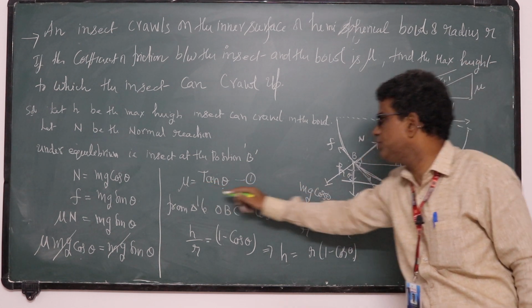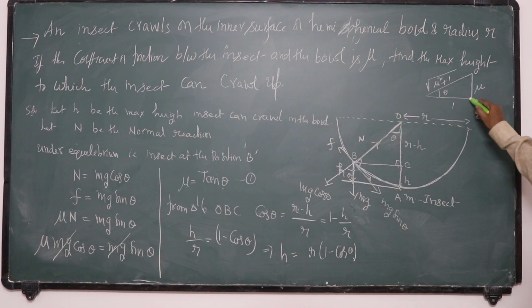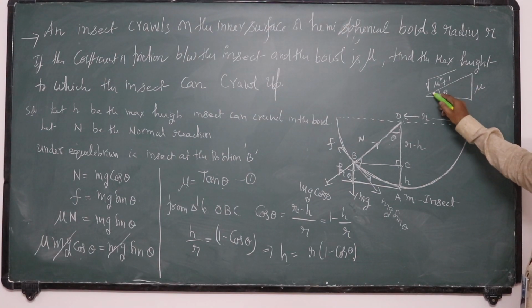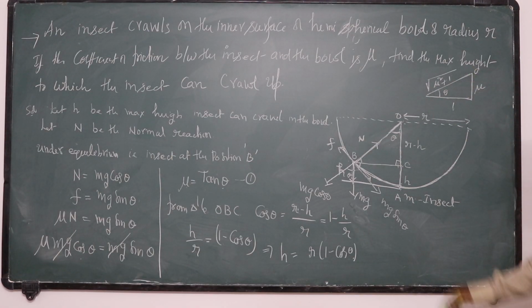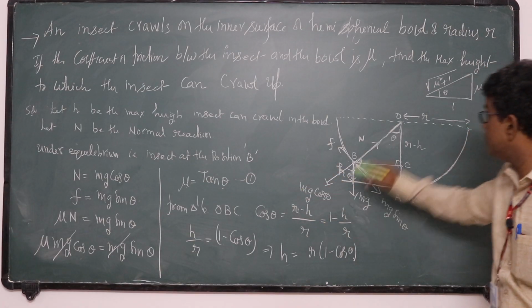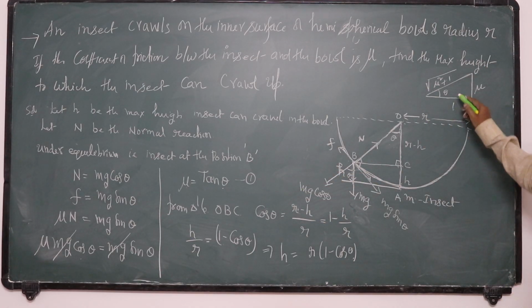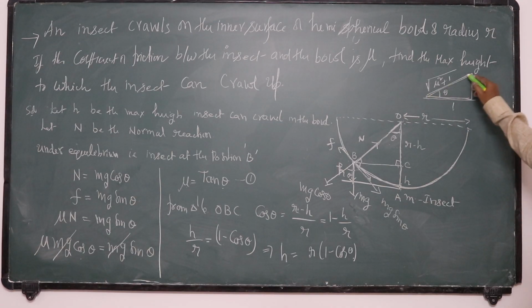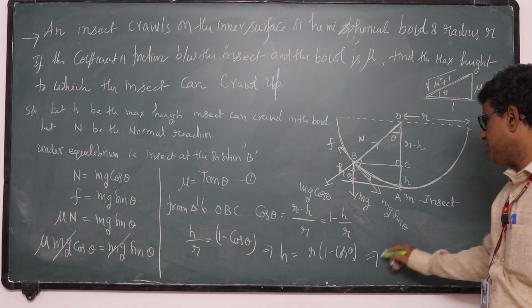Tan theta means opposite side by adjacent side. If tan theta is equal to mu, then what is cos theta in this triangle? Adjacent by hypotenuse.